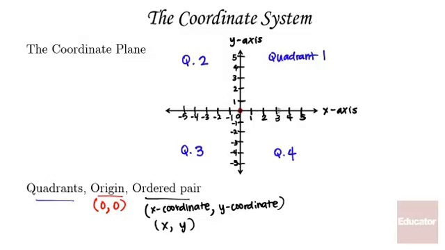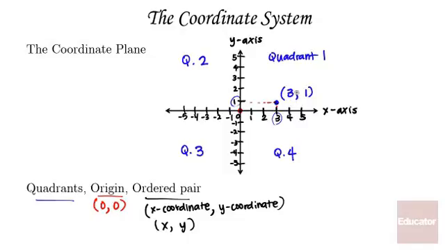Now if I put a point right here on the coordinate plane, what's the ordered pair? This point is paired with an x number and a y number, right? So this point is going to have an x number of 3 and a y number of 1. So the ordered pair for this point is 3, 1. Be careful that you don't mix those up.